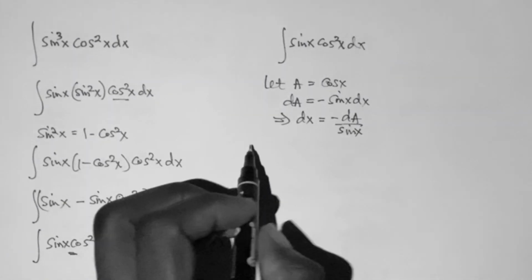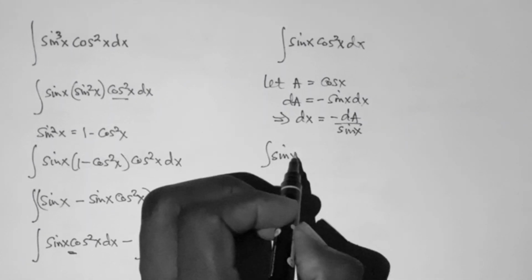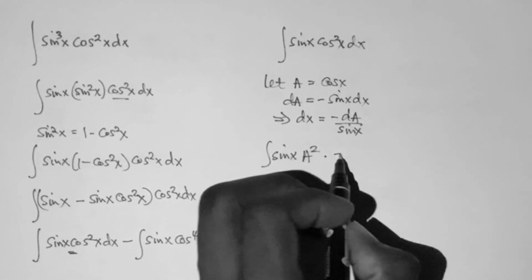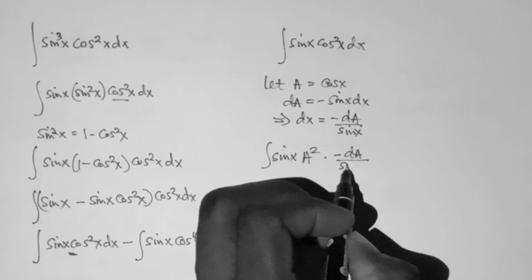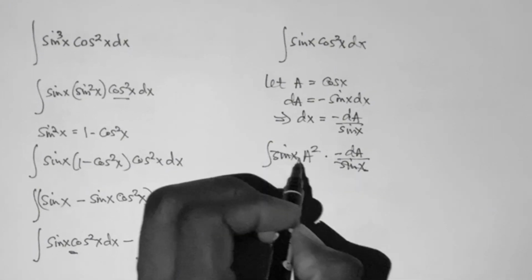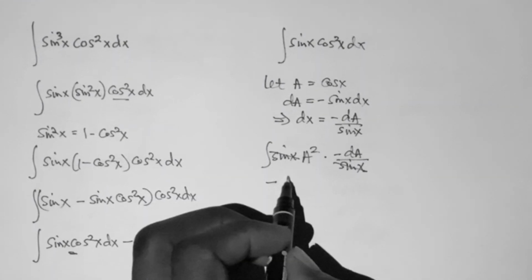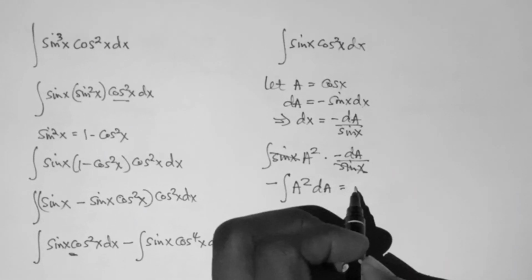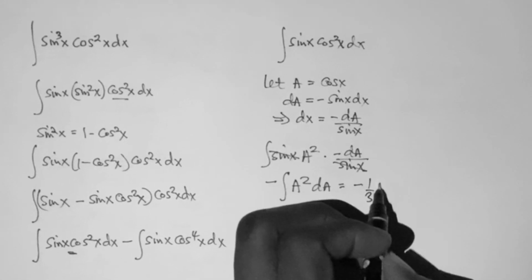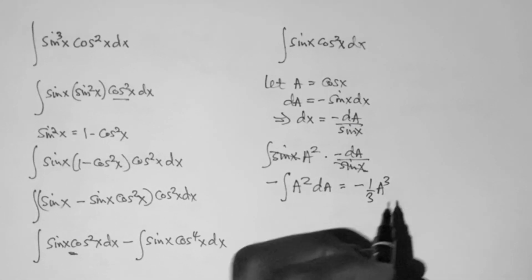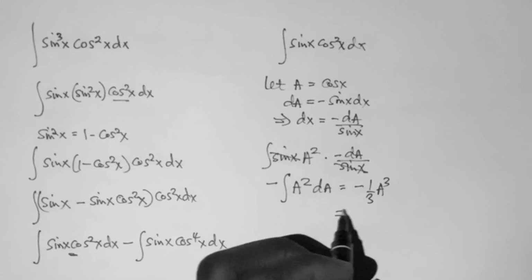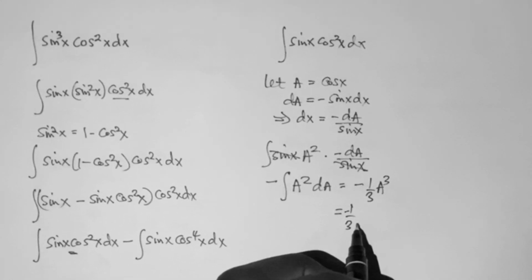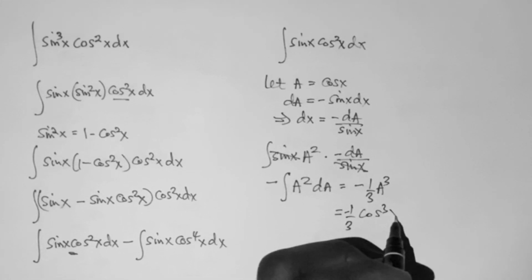So this integral becomes the integral of sine x, then cos squared x becomes a squared, then dx is now minus dA over sine x. So that this sine x and sine x will cancel and it becomes minus the integral of a squared dA. Then that will give us minus 1 over 3 a exponent 3. But we know that a is cos x, so it becomes minus 1 over 3 cos x exponent 3.